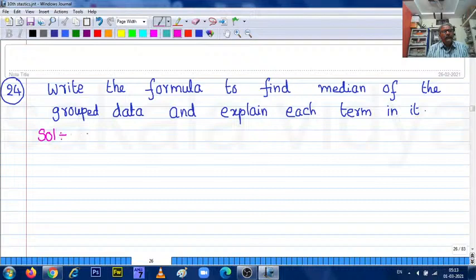Solution: median. So formula for the median.